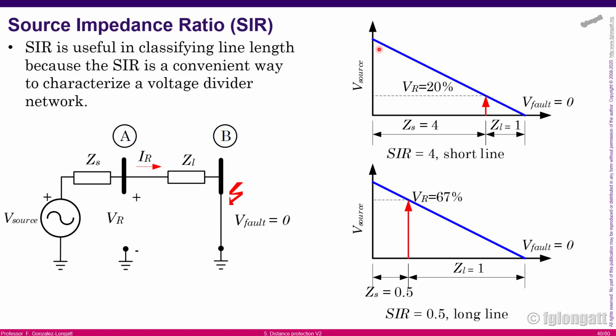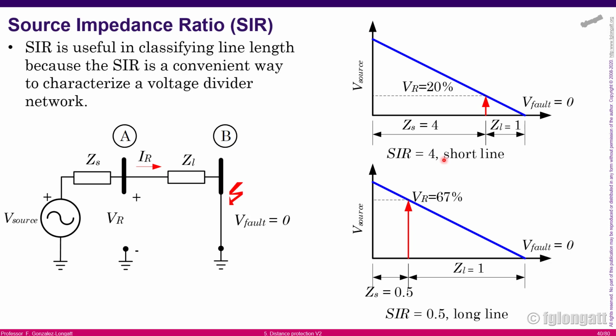For instance, you can see over here that in this case, I have a short line. And in this case, the source impedance ratio is 4. What this indicator is saying is that the source impedance is probably 4 times bigger than the transmission line impedance.